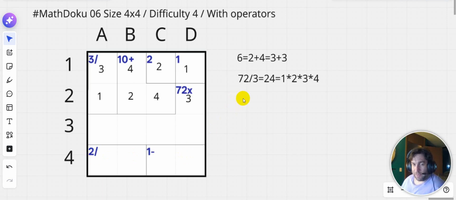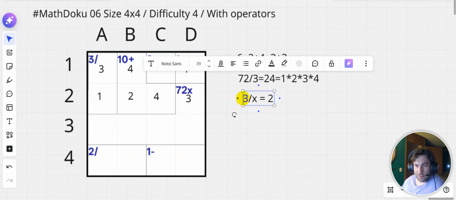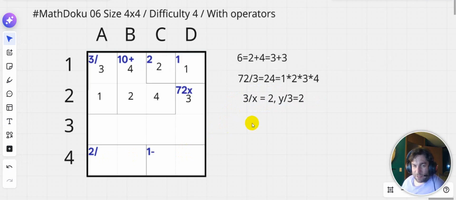So we don't have 3 divided by something equal to 2, or something divided by 3 equal to 2. None of them is possible. The first is never possible, and the second is not possible because we don't have 6, we have only a size 4 puzzle. Meaning that number 3 cannot be in this cage, it has to be in this cage. But it can't be in column D because column D already has 3, so it's got to be column C.